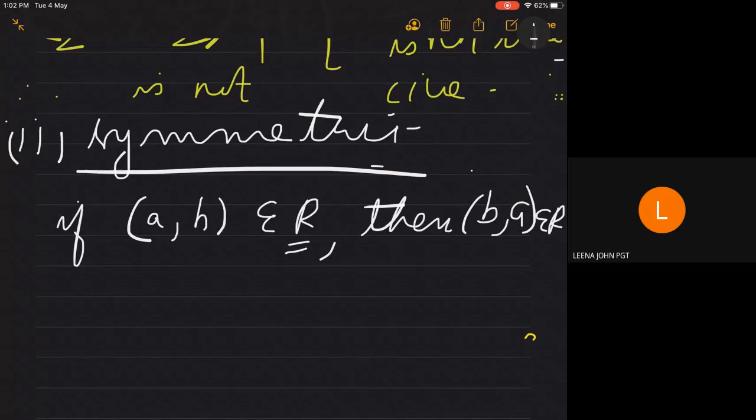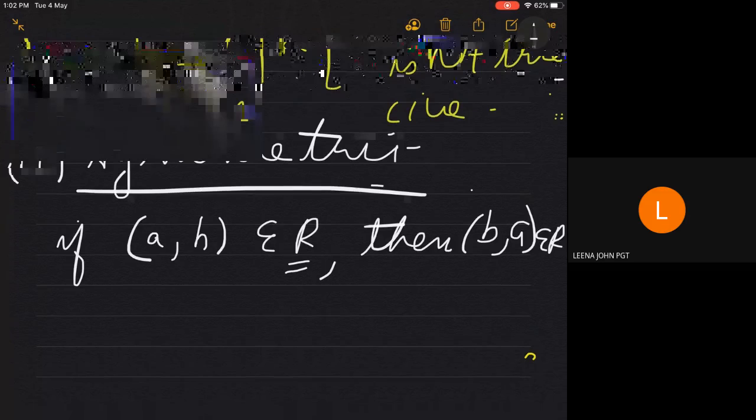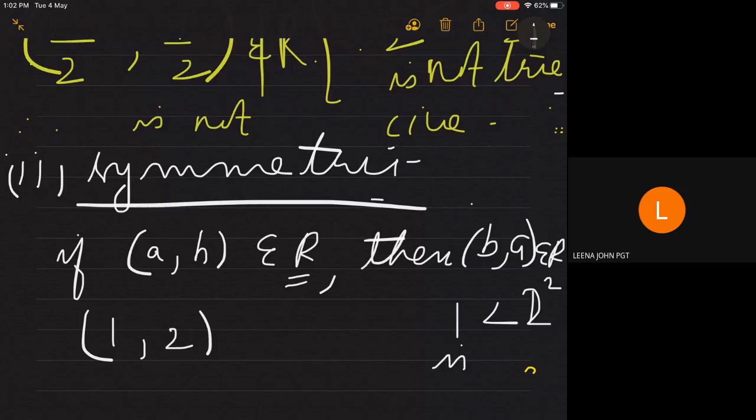For example, consider the ordered pair (1, 2). Is it there in the relation or not? How do we check? Is 1 less than 2 square true or not? 1 less than 2 square is true. So we can write that it is there in R.